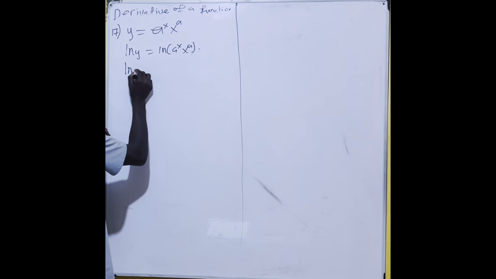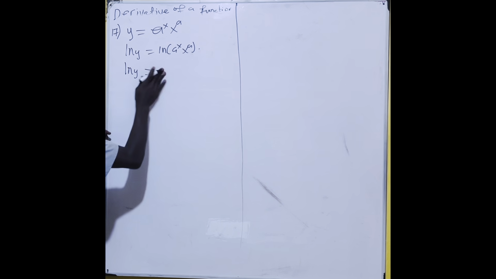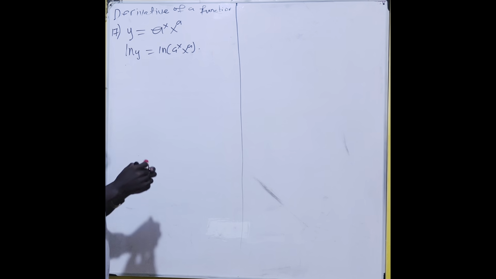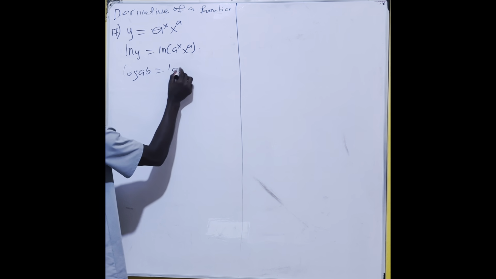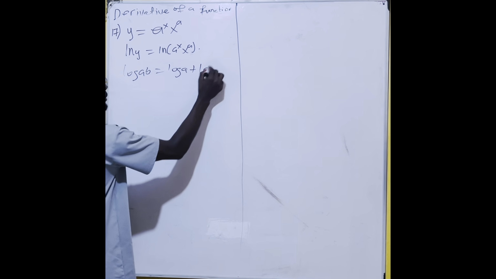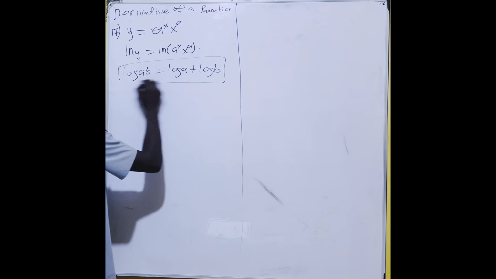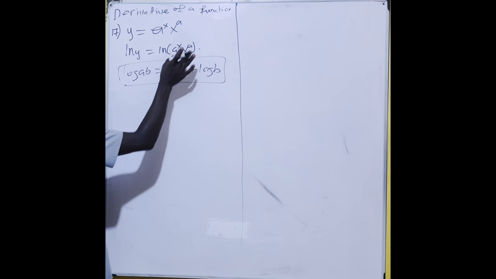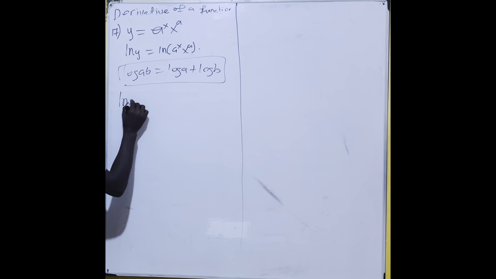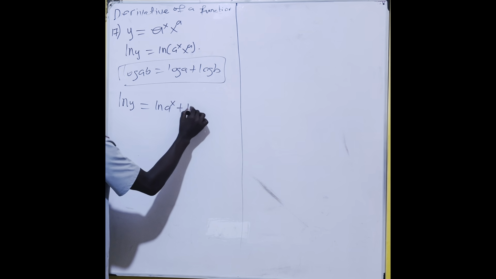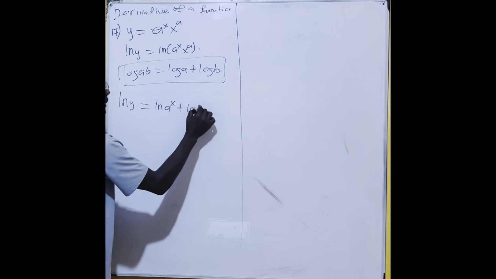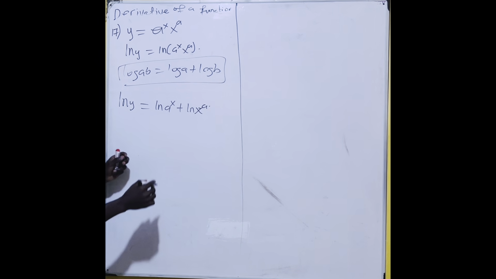So you have ln y equals, you know that one of the properties of logarithm says that if you have log ab, then it's the same as log a plus log b, right? So we are going to apply this. We have ln y equals ln a to the x plus ln x to the a, right?